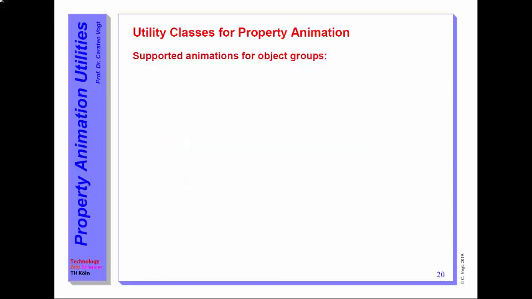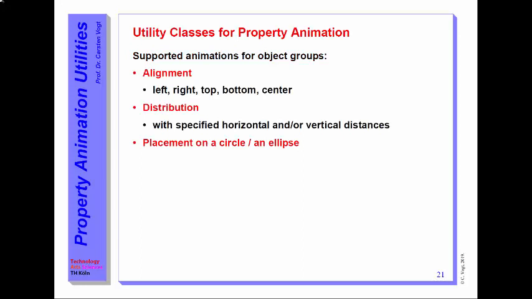For object groups, we have the option to align them either to the left, the right, the top, the bottom, or with reference to the center. We can distribute them with specified horizontal and or vertical distances, and we can place them on a circle or on an ellipse.